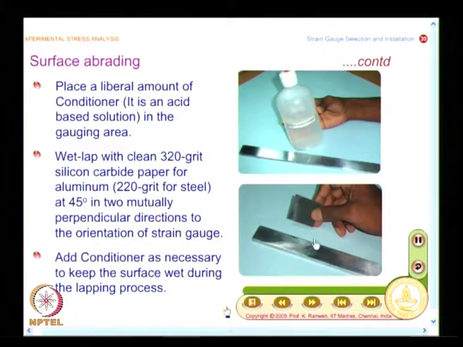What is anticipated is to prepare a surface which has sufficient roughness, and what they say is 12 strokes at 45 degrees and another 12 strokes at minus 45 degrees would do for preparing the surface. And you have to maintain the conditioner as necessary to keep the surface wet during the lapping process. The other important aspect is you should not allow the conditioner to evaporate. If you allow the conditioner to evaporate, then it will form a thin residue.